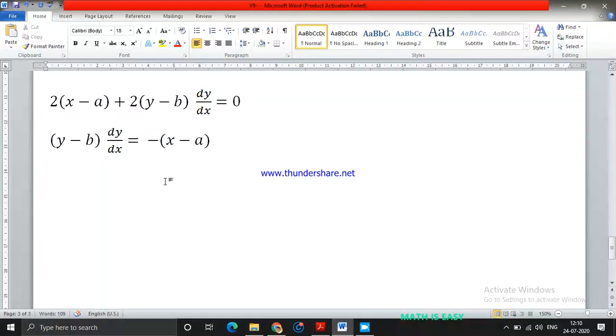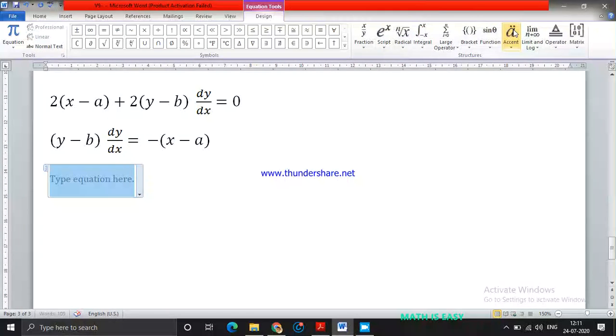Or one more step you can write, dy by dx. Let me write that also, because we want all the things. So finally, dy by dx is equals to a fraction: x minus a in the numerator, and y minus b in the denominator, and of course there is a minus sign before all. This is dy by dx.